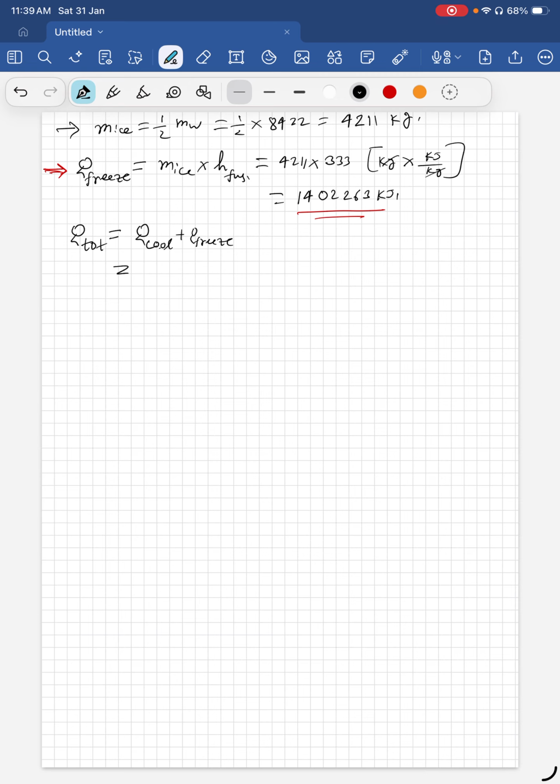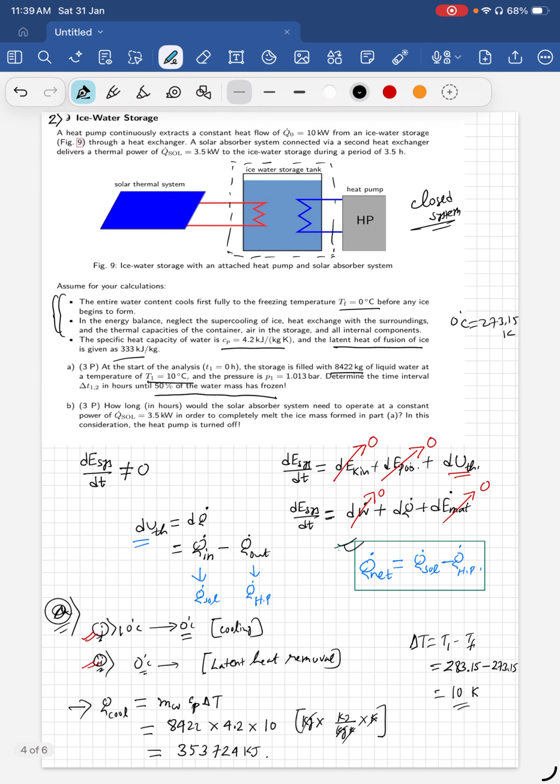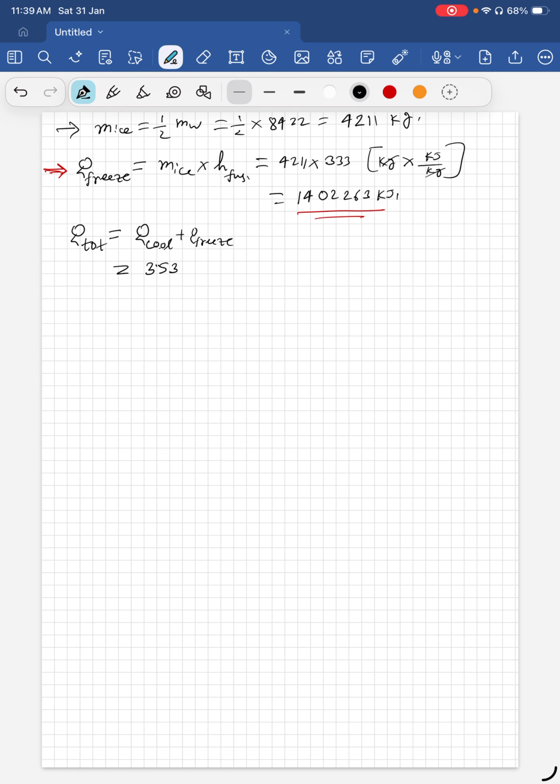If you add 353,724 plus 1402263, you will get 1755987 kilojoule of total heat energy. That is the heat the tank must lose according to our question. That is the total heat energy.